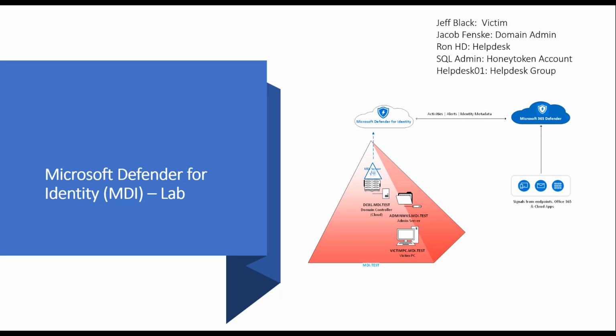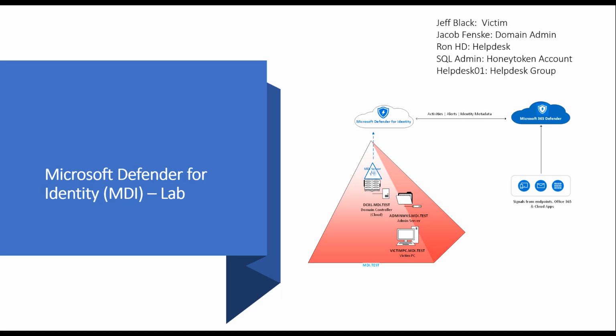As you probably already know, NTLM being a very old protocol, NTLM hashes are stored in memory, right? Now, if you recall, we ran a script where Ron HD, our help desk guy, was running a script, and he tried to help and support Jeff Black.